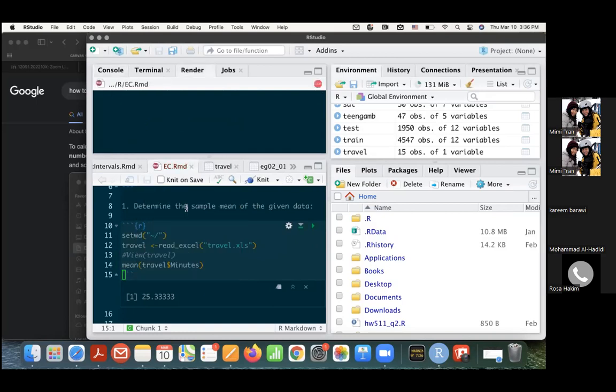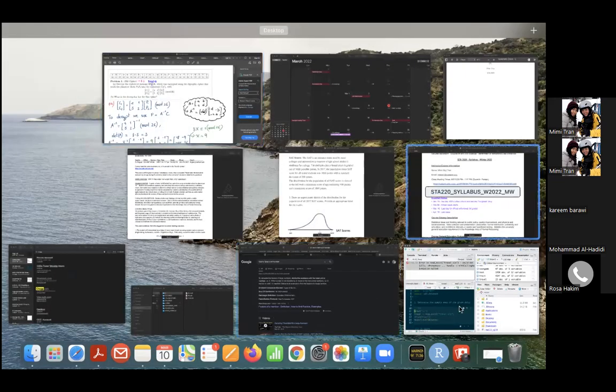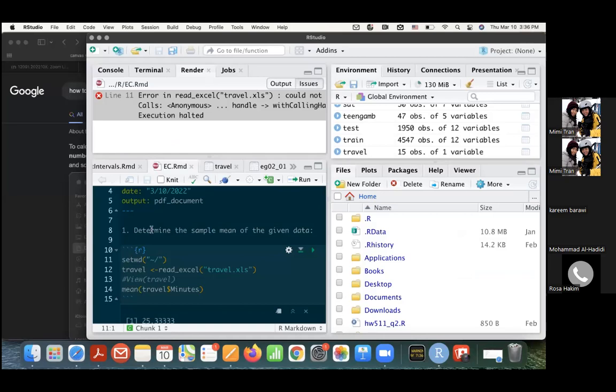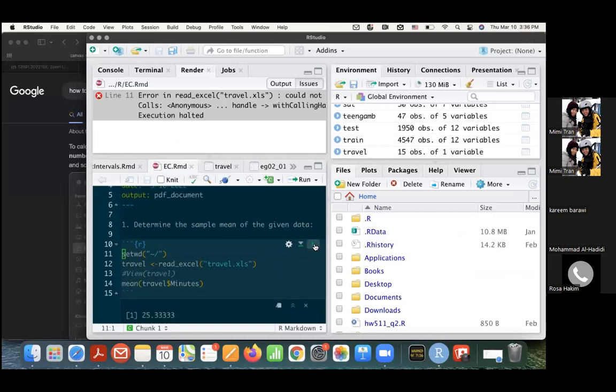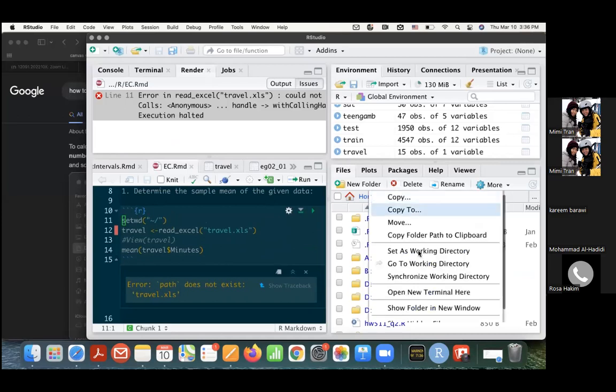Knit PDF. Error in travel: could not find function. How come? I just did the mean. Oh, my bad.